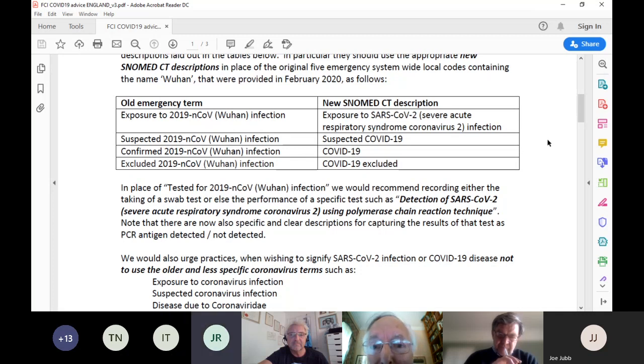So that was quite a smart way of bridging the gap. But it added to confusion because we then had a situation where we had the Wuhan term, the novel coronavirus term, and the SARS-CoV-2 all circulating at the same time. So the aim of this exercise is to say, forget everything and just go for SARS-CoV-2 and for COVID-19 for the disease. Great, thank you very much.